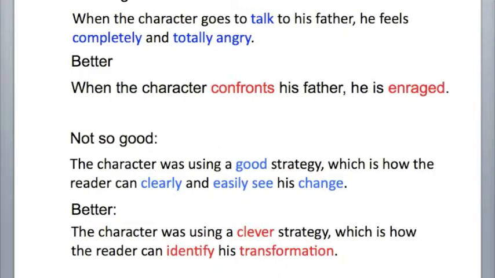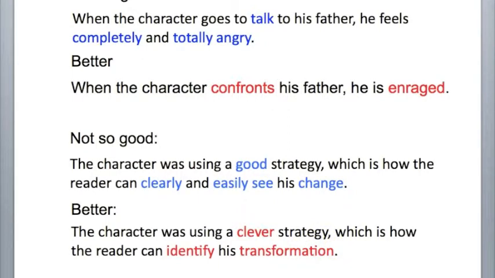Clearly and easily are unnecessary adverbs to try to spice up this very bland word see. Good, of course, is very vanilla, and change is very vanilla. Let's see how you can improve on that. The character was using a clever strategy, which is how the reader can identify, much more spicy, his transformation, which is a much spicier word than change.